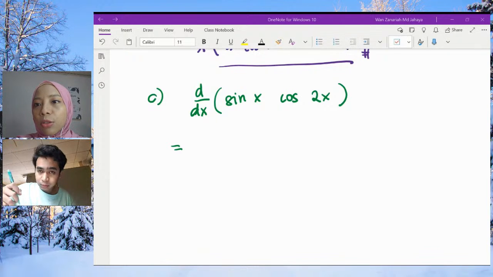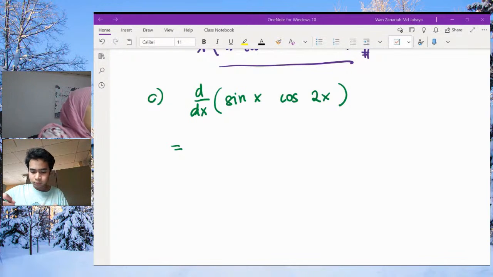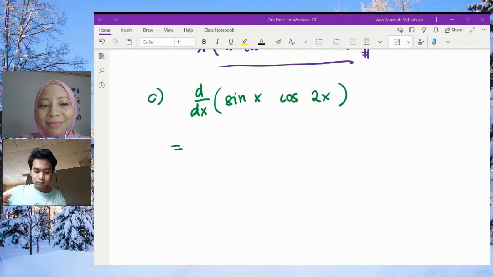Boleh ke Lokman, kalau dah dapat jawapan bagi tahu. Okay ke Lokman?